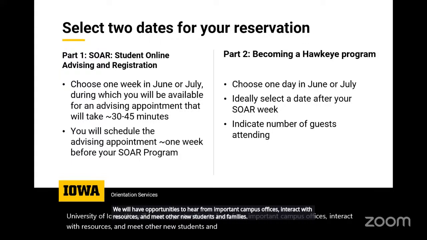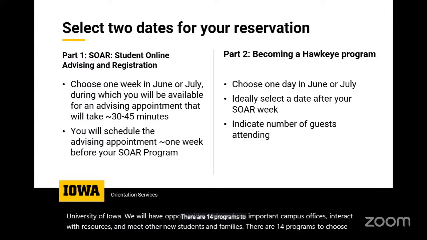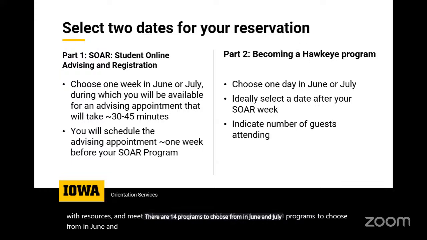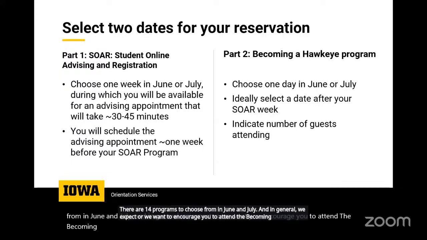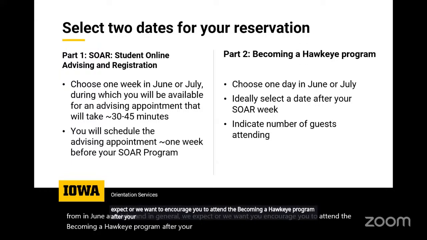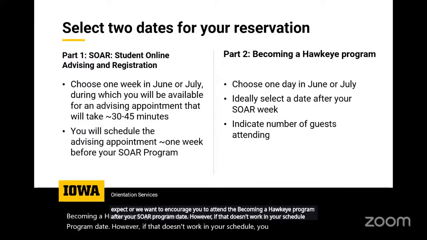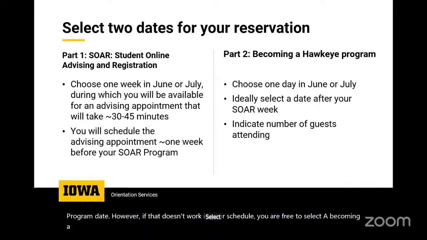There are 14 programs to choose from in June and July. And in general, we encourage you to attend the Becoming a Hawkeye program after your SOAR program date. However, if that doesn't work in your schedule, you are free to select a Becoming a Hawkeye program date prior to your SOAR program.